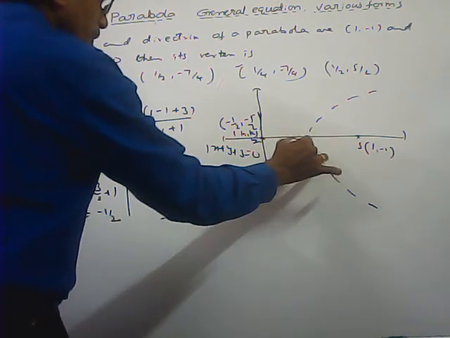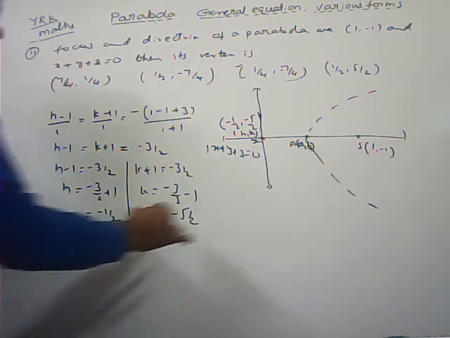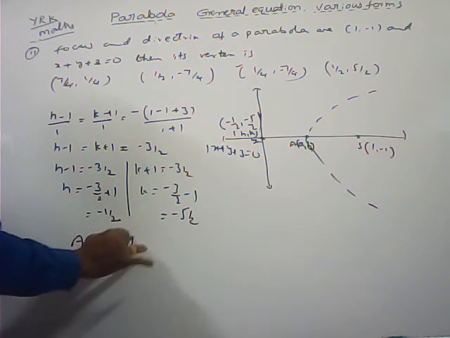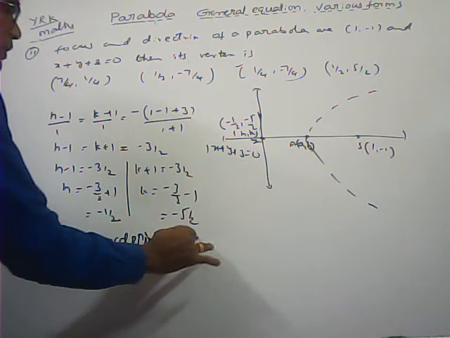If I take the coordinates of the vertex as (a, b), A is the midpoint of SZ only.